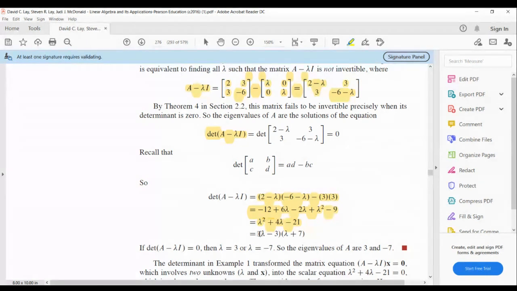When you set that polynomial equal to 0, you have the characteristic equation. But clearly, lambda squared plus 4 lambda minus 21 factors into lambda minus 3 and lambda plus 7. And so you set that equal to 0, and you have your two eigenvalues. And that's how you get your eigenvalues.